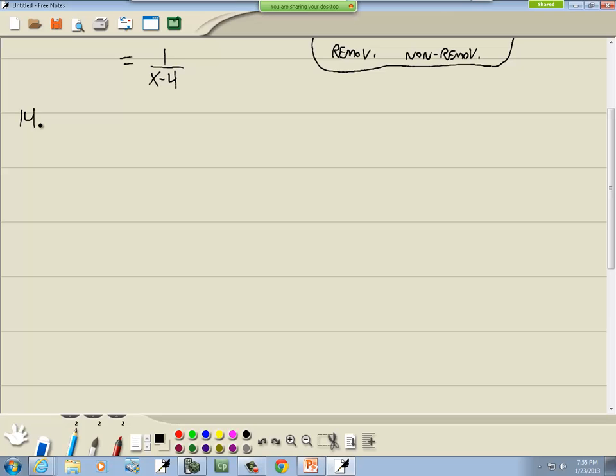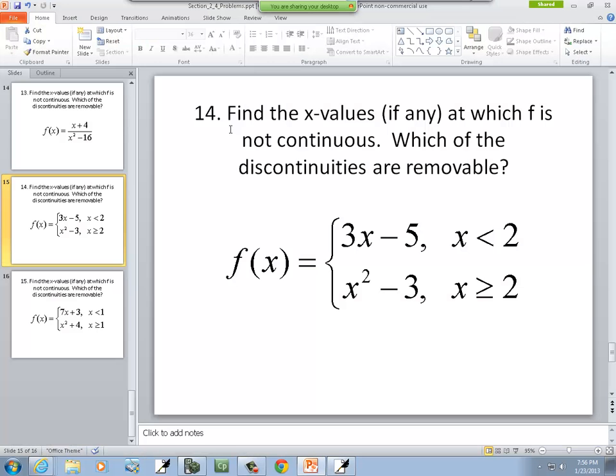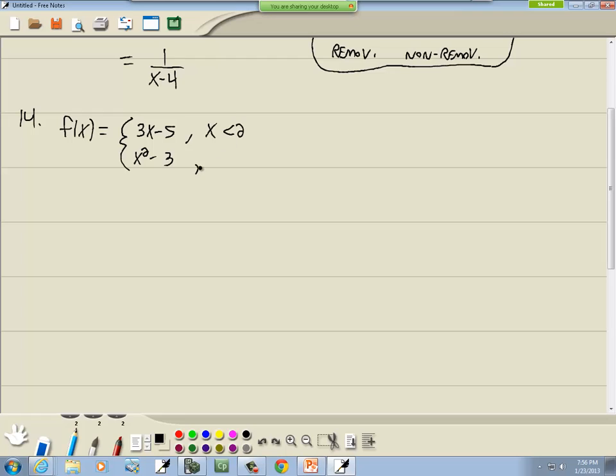Okay. So number 14. We got f of x is equal to 3x minus 5 and x squared minus 3. And we got x is less than 2 and x is greater than or equal to 2.